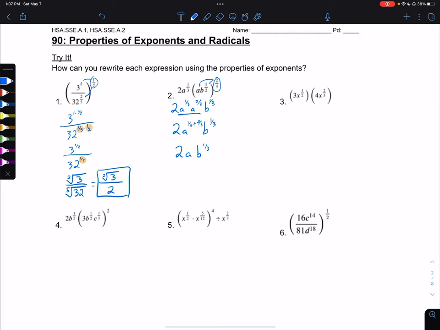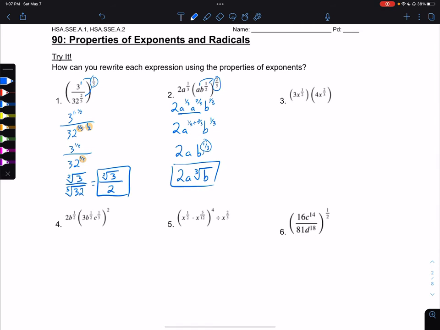And then we have b to the 1/3. No fractional exponents, so we're going to rewrite that as the cube root of b. Keep in mind things like this 1/3 only applies to the b. Be careful determining where these exponents apply. All right, be very careful with that.